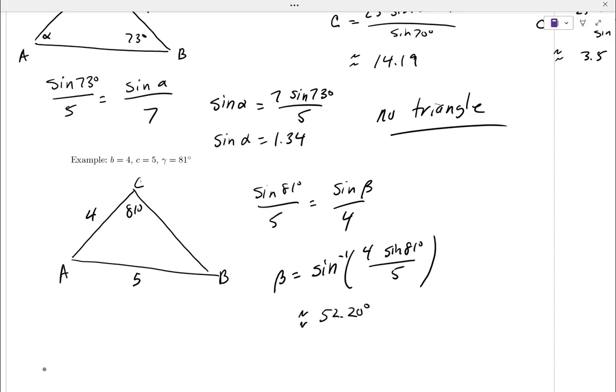But if I would have put something in like, let's see, that's 1.4, so something less than 45 degrees would have been okay. I think anything around 45 degrees or bigger is probably not going to work.